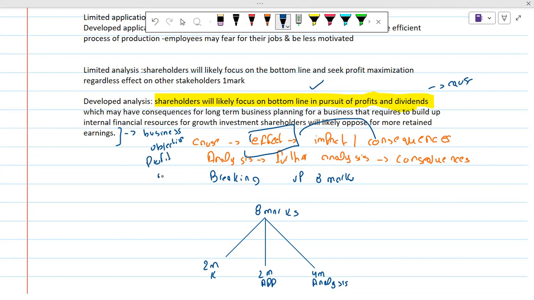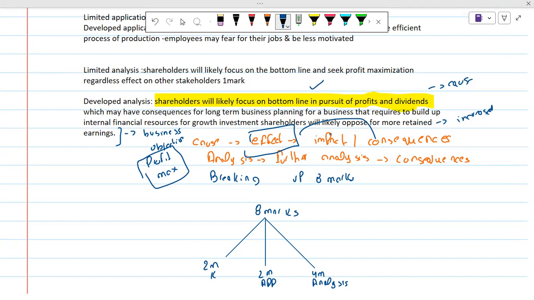If they oppose more retained earnings, it means the real owner of the business will not get increased retained earnings and profit for themselves.